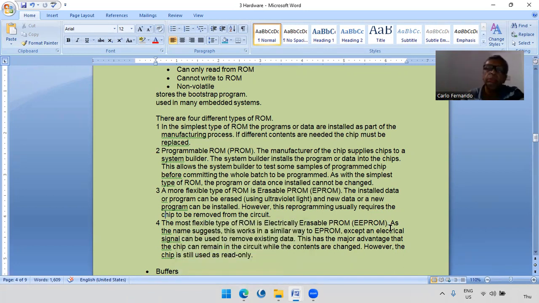So you don't have to remove the chip, unlike the earlier one. With an electrical signal, while it is there on the board or the circuit, you can. This has a major advantage that the chip can remain in the circuit while the contents are changed. However, the chip is still used as read-only.